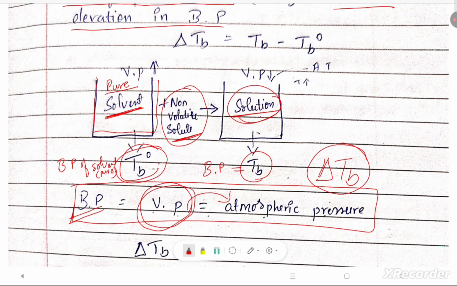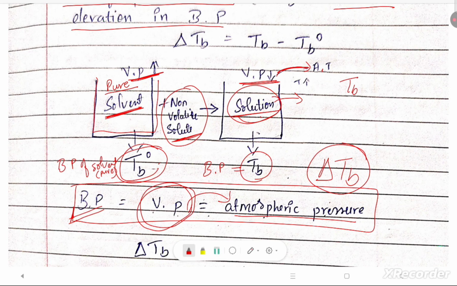You know, boiling point means vapor pressure should equal atmospheric pressure. We know pure solvent has more vapor pressure than solution. So solution has less vapor pressure, which means it will take more time to reach atmospheric pressure. So it needs a higher boiling point. So the solution boiling point is more than the solvent boiling point. Understood?